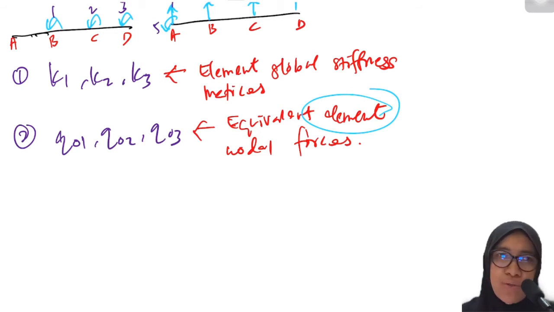However, what I want to highlight is the label for K1, K2, K3, as well as Q naught 1, Q naught 2, and Q naught 3. The label is very, very important, because if you don't put the label, you cannot produce the structure stiffness matrix as well as the equivalent nodal forces Q naught capital.